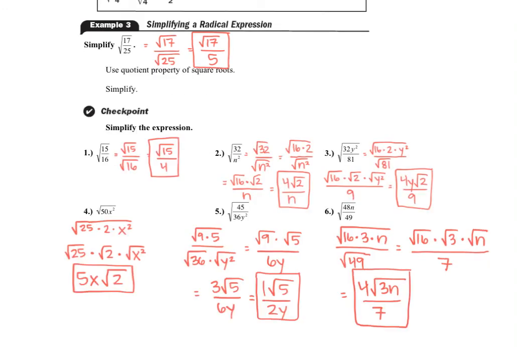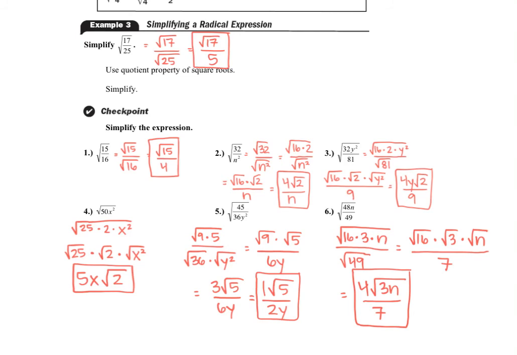All right, so go ahead and check your answers with mine. I want us to look at number 5 real quick, because 5 is about as difficult as the problem is going to get. So you'll notice first that on the top, when I had 45, I split that into 9 times 5, since 9 is a perfect square.